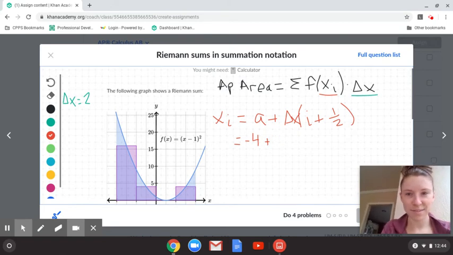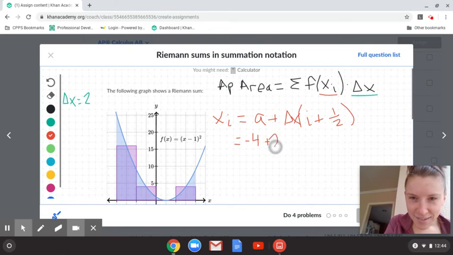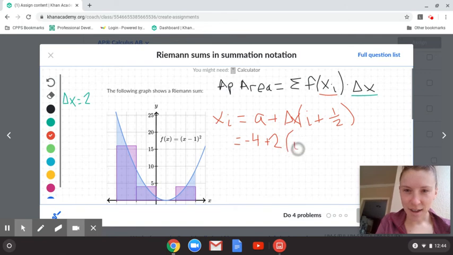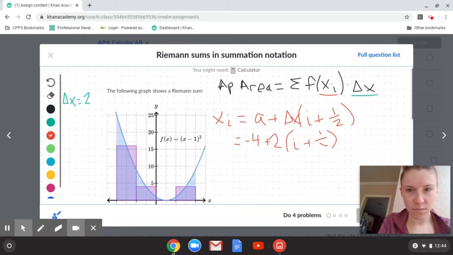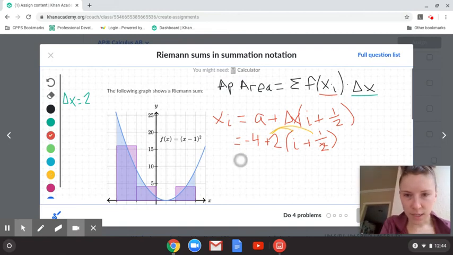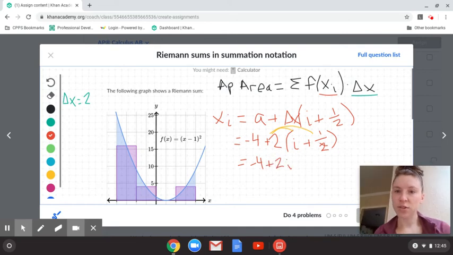Oh, it's even worse. Yeah, okay. 2 times our I plus 1/2. That's 2. Okay, so we're going to simplify this as much as we can. And we're going to distribute that 2 here. And we're going to get -4 plus 2i. And then 2 times 1/2 is just 1.